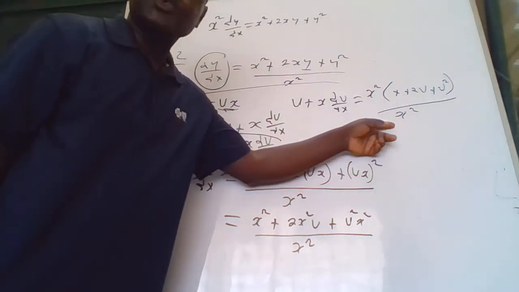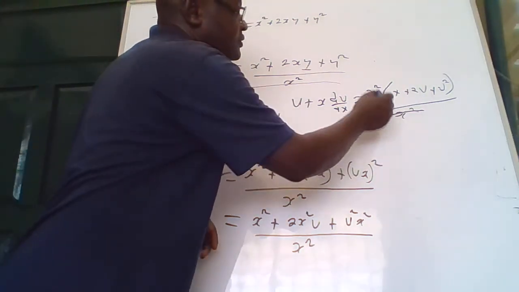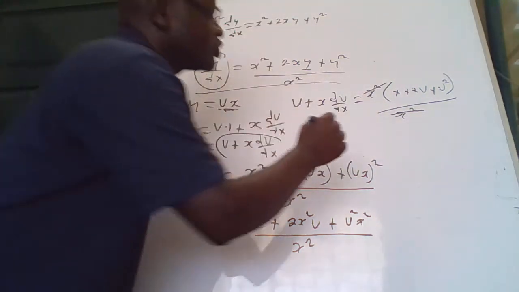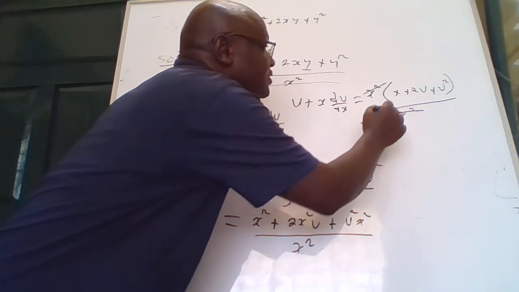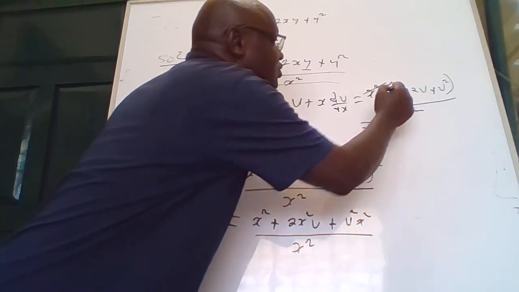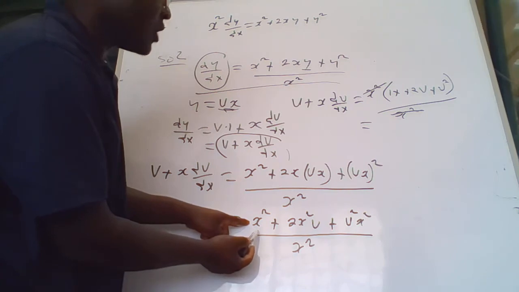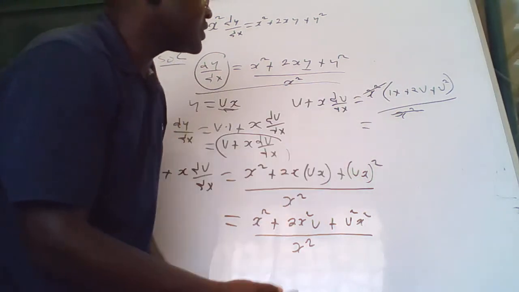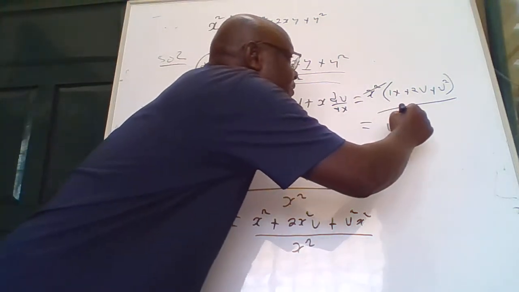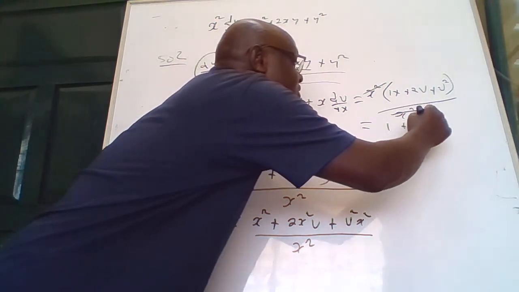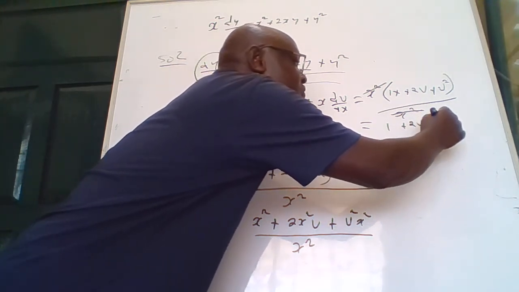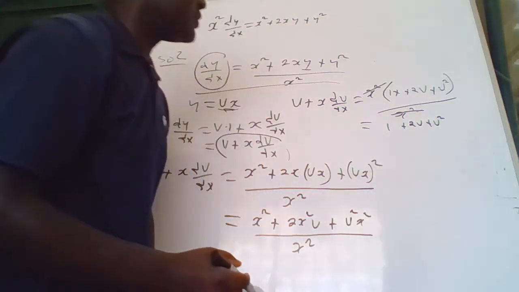We can cancel x squared, so that we remain with 1 plus 2v plus v squared.